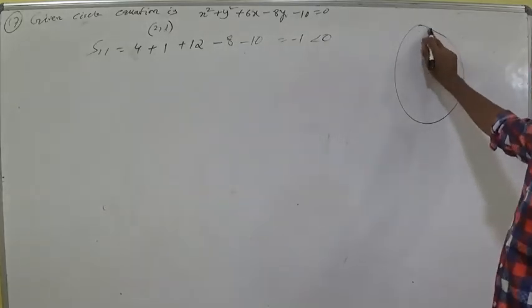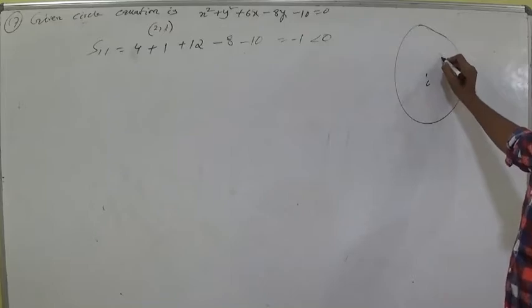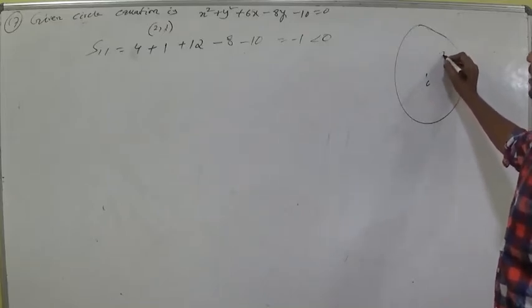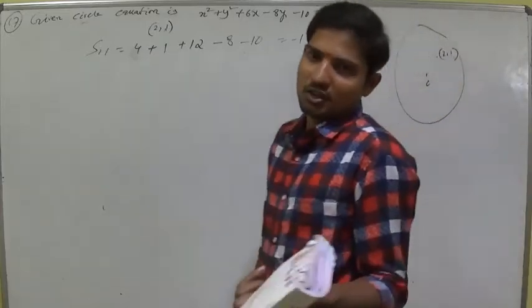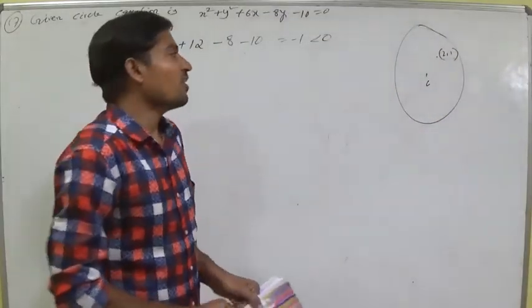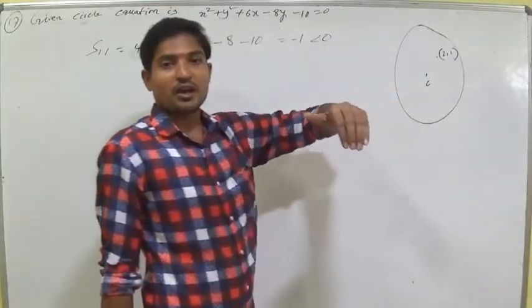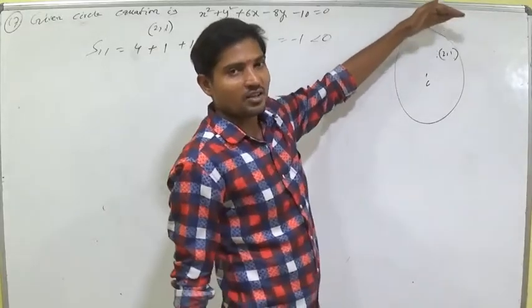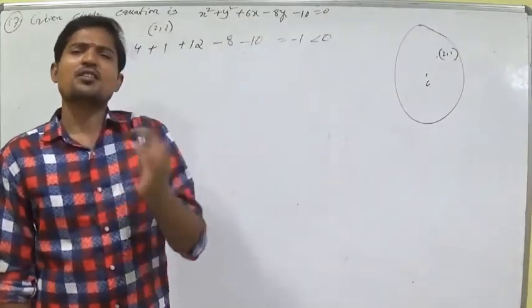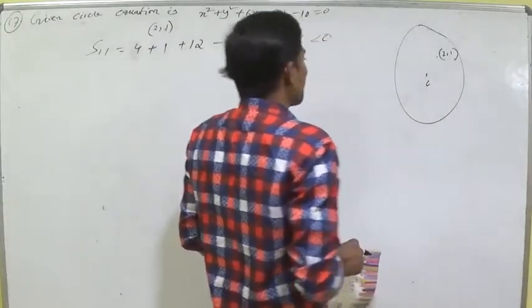Suppose C is the center of a circle, whatever point I take here will be inside of the circle. Then I won't get any tangent here. Why? Because it is not a point of contact. It becomes a point of contact when the point lies on the circle itself. So the first one is failed.